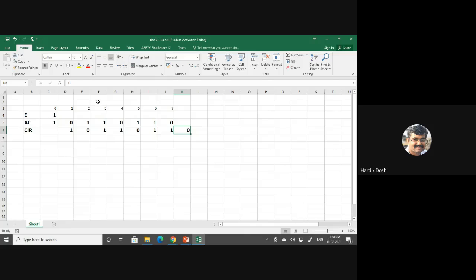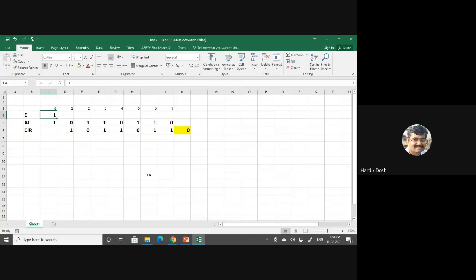What about this 0? Do we need to discard it? No, it is not logical shift, it is circular shift. So this 0 need not be discarded. Where will this 0 go? This 0 will be shifted to the E flip-flop.